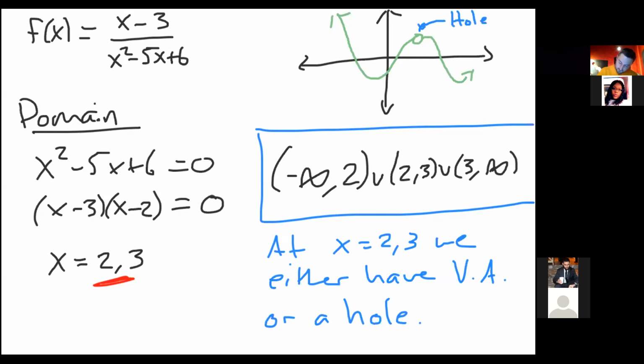That is our hole in the graph. Essentially, I have a nice solid line, but then I have to remove one particular point. And that's where we use that open circle to denote that. So we know at 2 and 3, we either have a vertical asymptote or we have a hole.